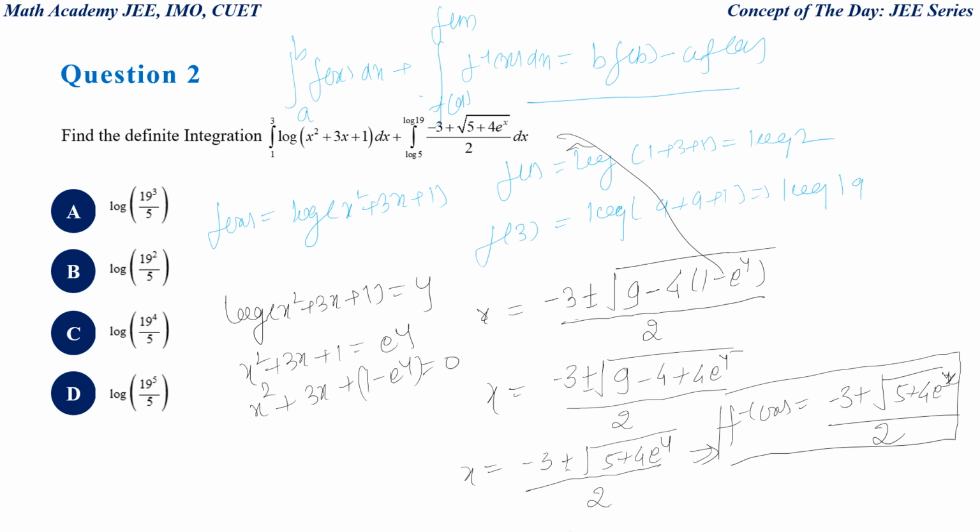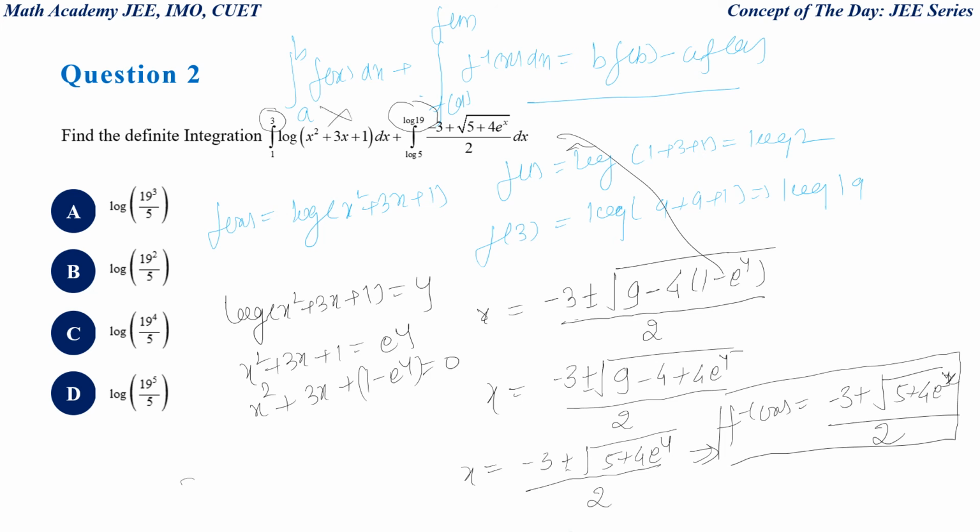We need to find the value of the limit. We have already found it. Then the objective remains the same. Let's multiply the upper limit of the first integral with the upper limit of the second.